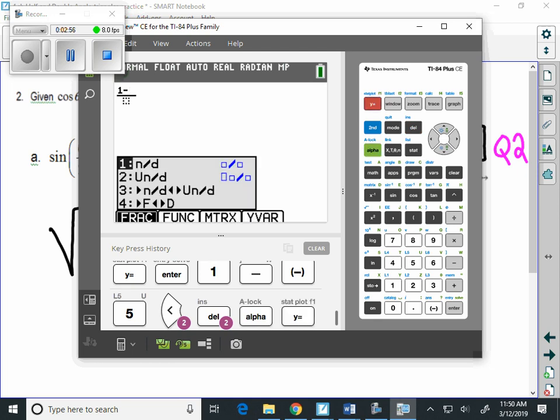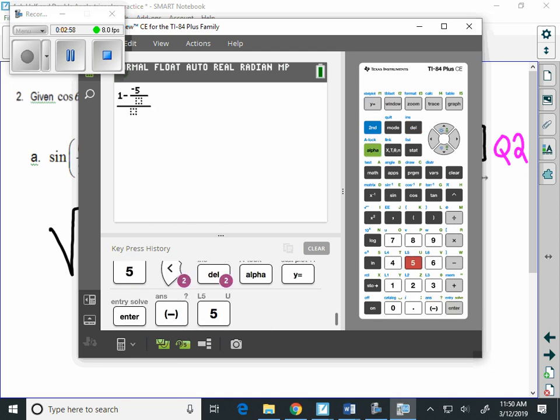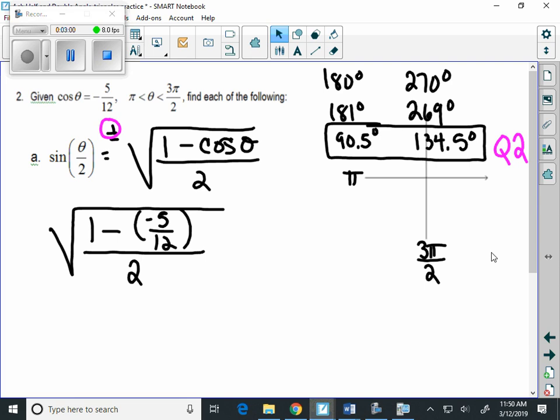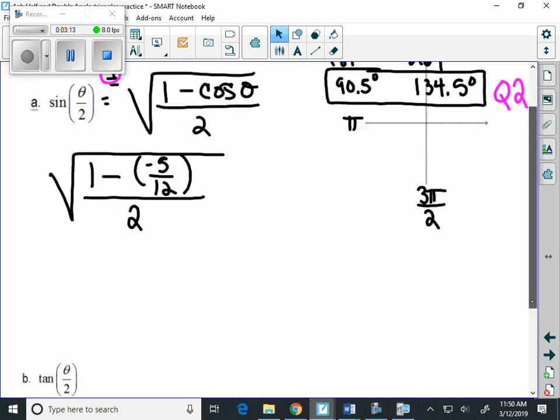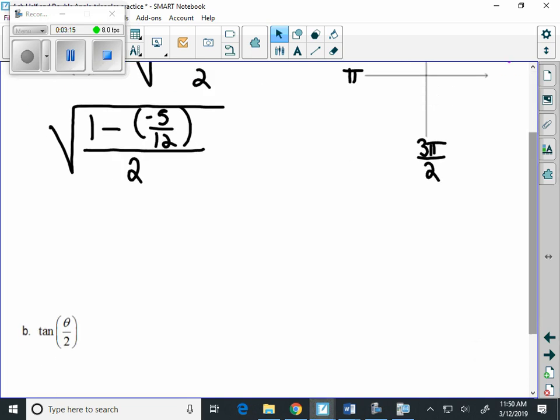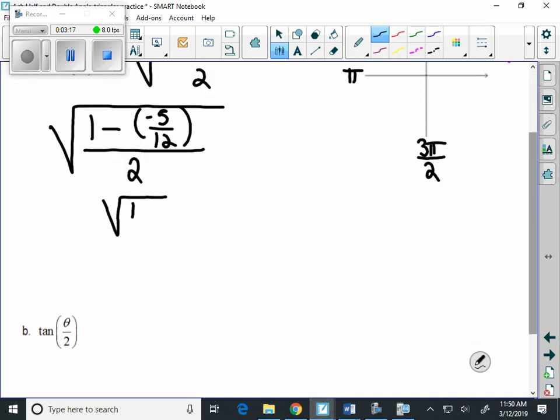Alpha y equals negative 5/12, and let me look at my paper, but yes, I'm good. And one more time then, divided by 2. Notice I did not type in the square root, but that gives us 17/24. So we've got the square root of 17/24.